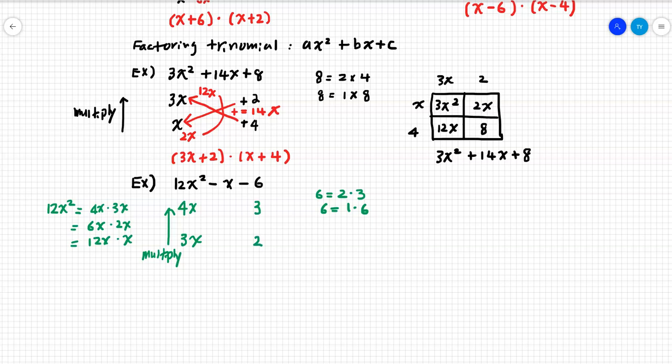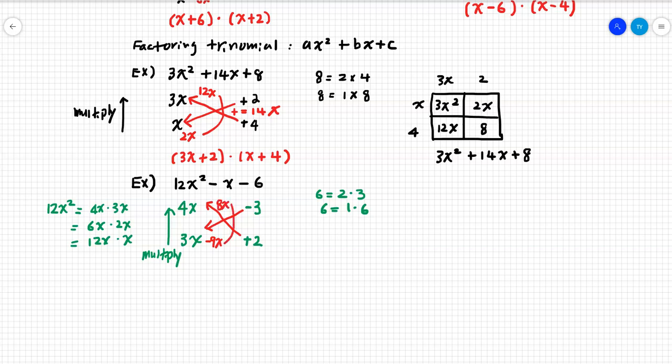The bigger one has to be minus, and the smaller one is going to be positive. Now remember, we have to come up with a minus in the middle, right? So let's just cross multiply and add, see what happens. Here, if I multiply this way, I get minus 9x. And cross multiplying this way, I have 8x.